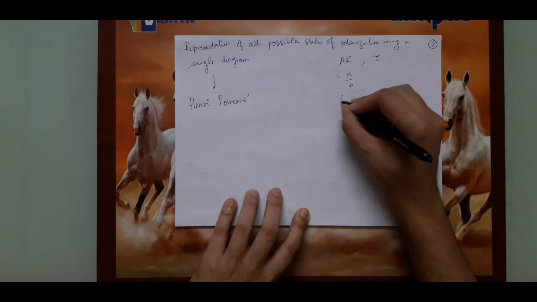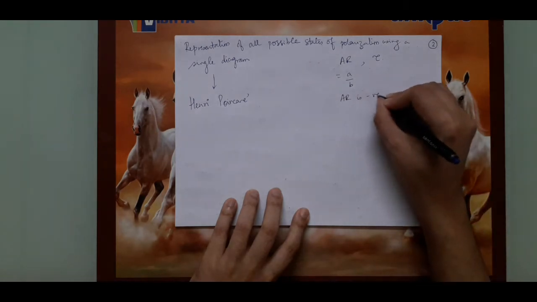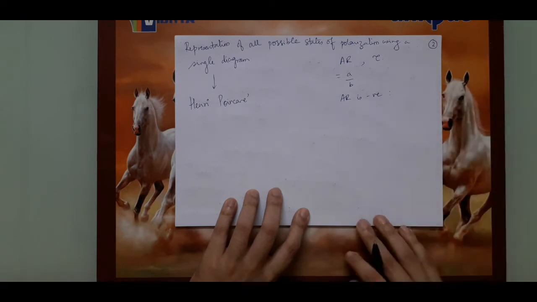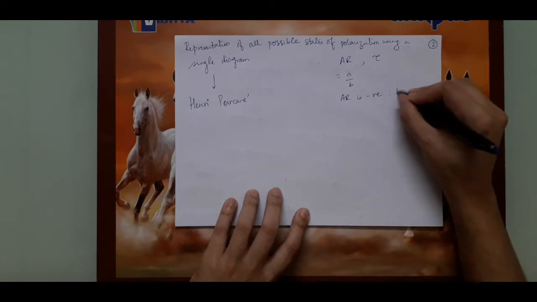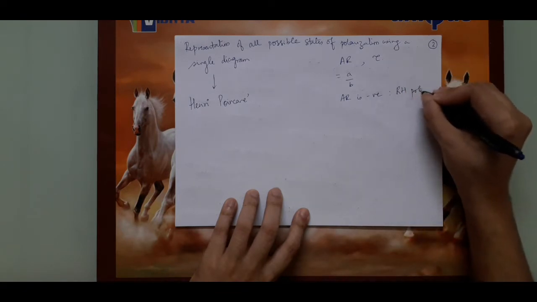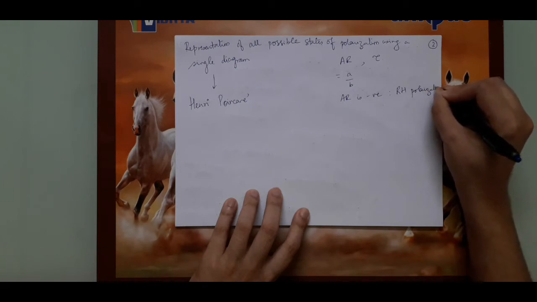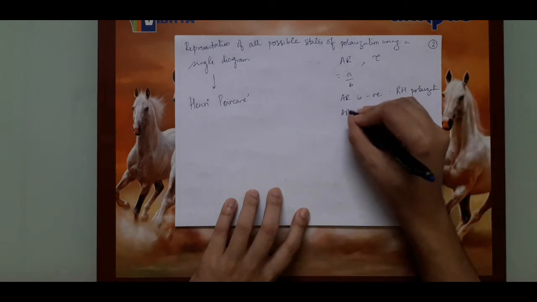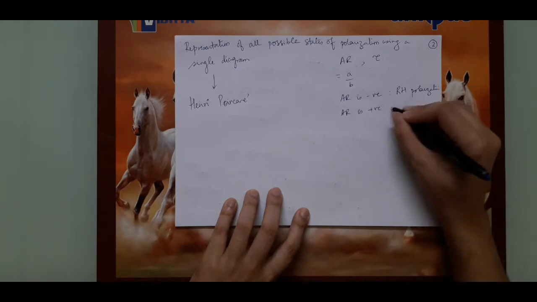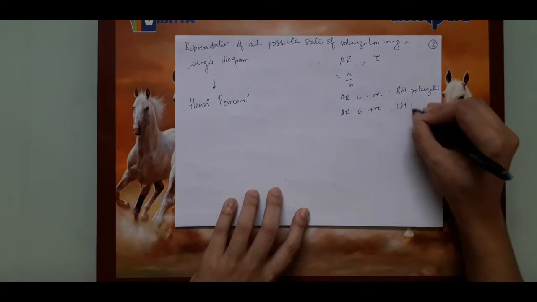So if axial ratio is negative, then we will call it right hand polarization. And if axial ratio is positive, we will call it the left hand polarization.